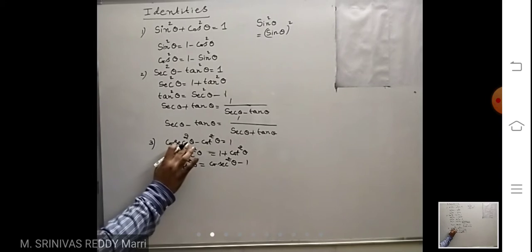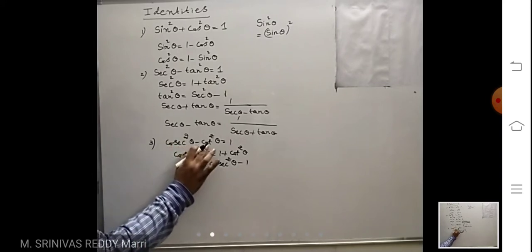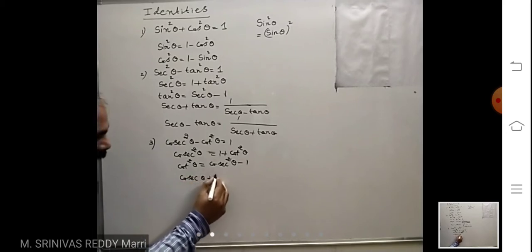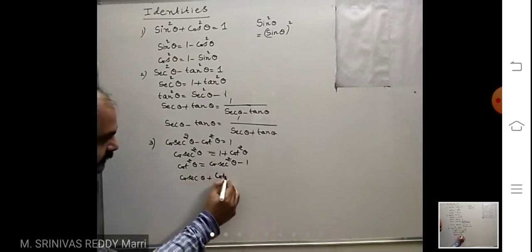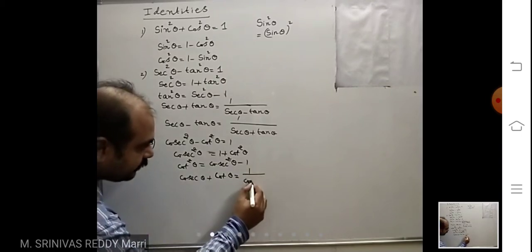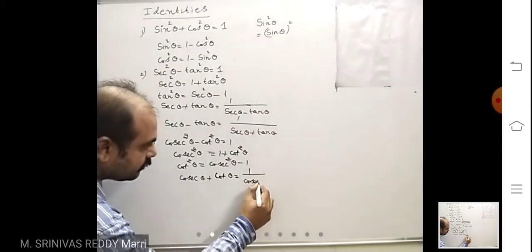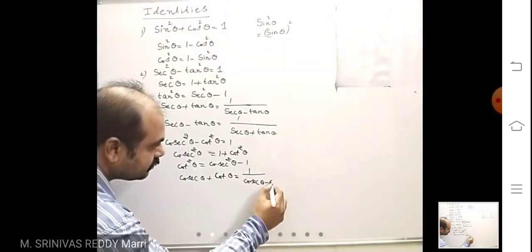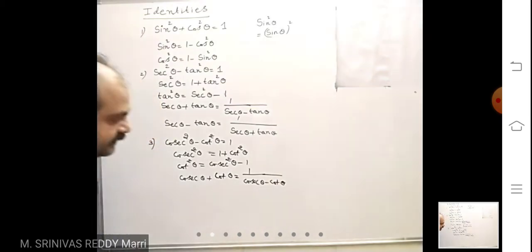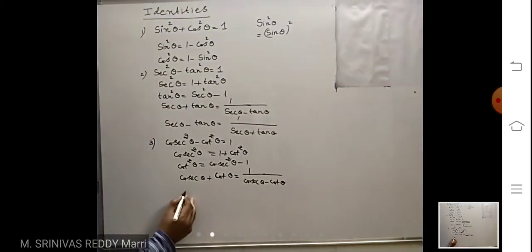Now look at this, it is a square minus b square. Cosecant theta plus cot theta into cosecant theta minus cot theta equal to 1. That means cosecant theta plus cot theta equals 1 by cosecant theta minus cot theta. These are reciprocals of each other.